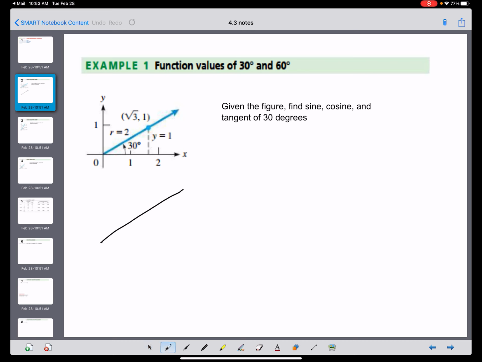Remember, we're going to focus on this triangle. We have our angle of perspective, which is 30 degrees. I see that I have this point right here, which is square root of 3, 1. Which tells us that the x value, so remember that this is the origin, right here, so the x value, or the distance horizontally, is the square root of 3.